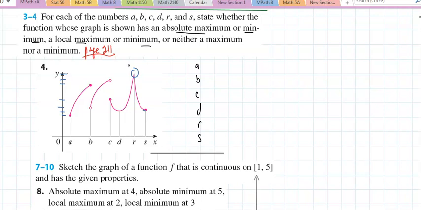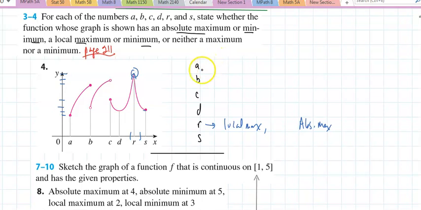Do we all see that? Wouldn't that be the absolute maximum? Do you also notice that it is a local maximum? Meaning around it, I am at a peak and there's only one way to go down. So there's only one absolute maximum in this case.